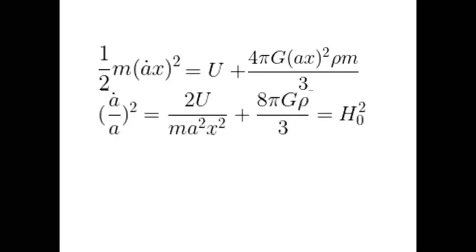Then we're going to multiply everything by 2 over m a squared over x squared. Now what does that do?